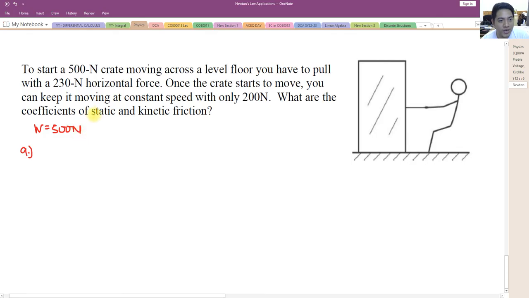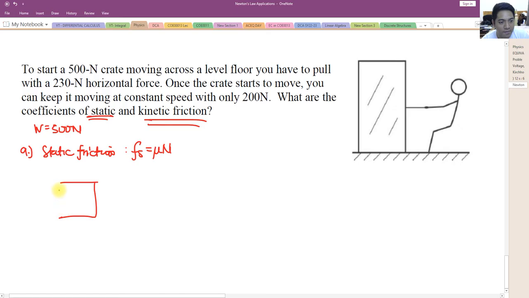So we have two situations here, the static and kinetic. Once the box starts moving, we have kinetic friction. And once the box is about to move, we have static friction. So for the static friction, the static friction is f sub s equals mu sub s times N. So we are going to determine the coefficient of static friction.